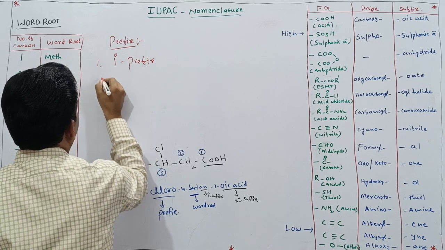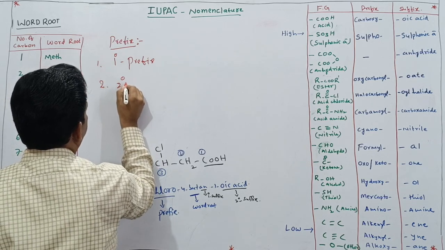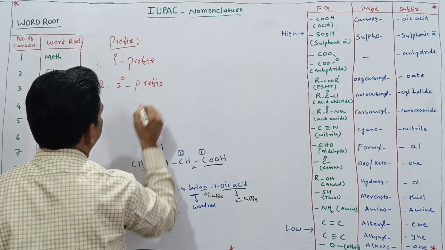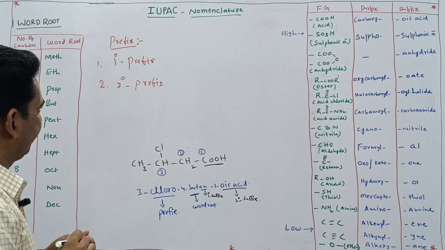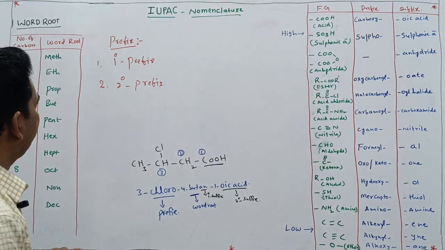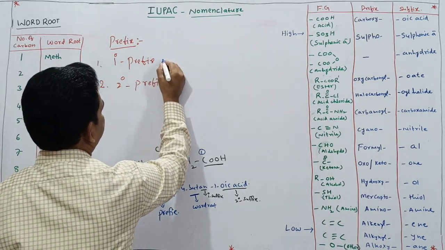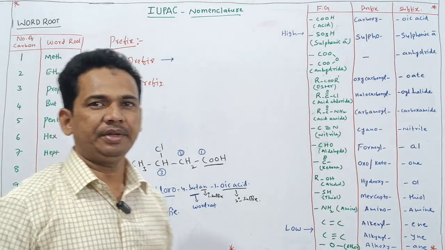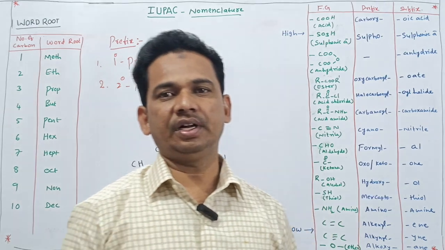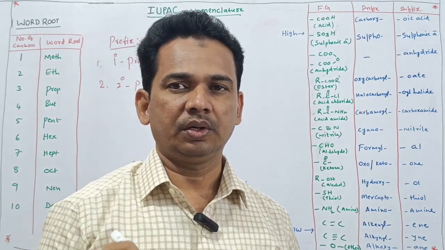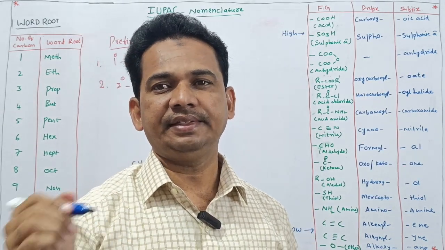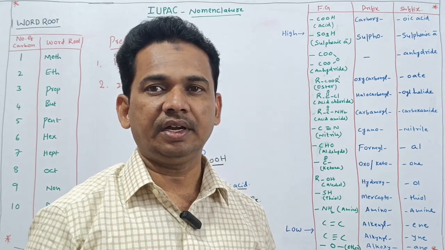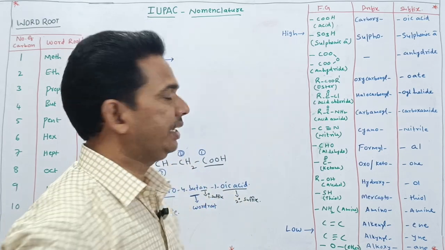The second one is the secondary prefix. Let me go through the primary prefix. What is this primary prefix? The primary prefix always distinguishes cyclic compounds from acyclic compounds.